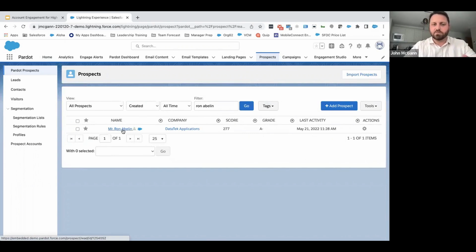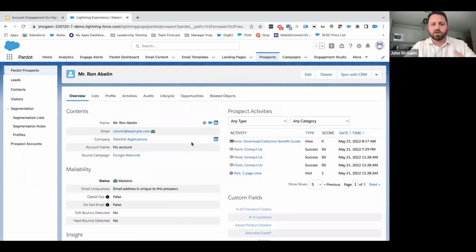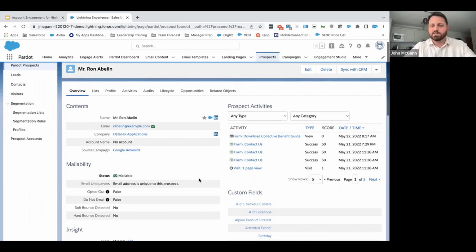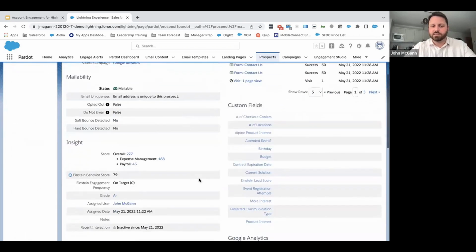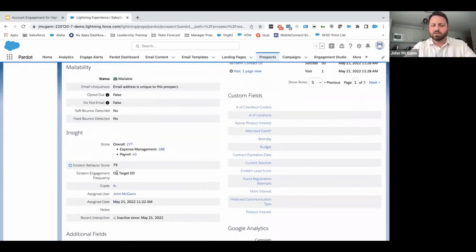But if we dive into Ron here, for instance, and into his profile, we start to see how we're enriching his profile with more of the tracking data that we're collecting as Ron engages with us over time. So we can start to see some insights that are being surfaced here. We're getting a picture of his score.